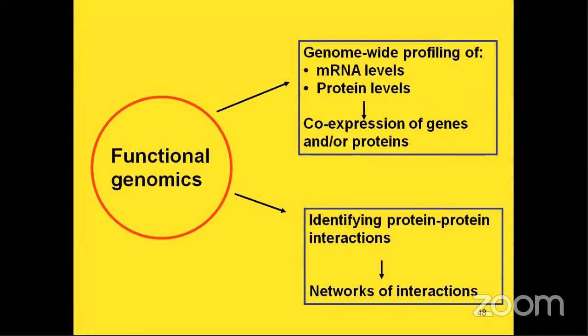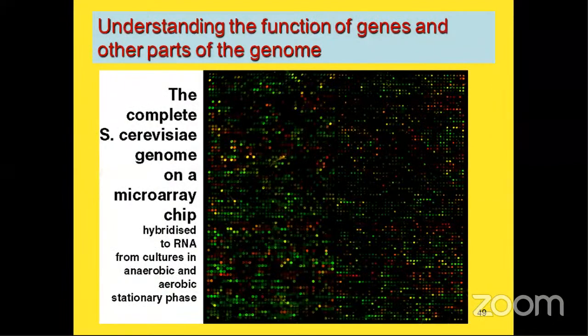Also, we need to identify the protein-protein interaction for network analysis. So this is the function of the genes, and this is also called the heat map. This is Saccharomyces cerevisiae. This is a microarray chip. These bright regions would represent the co-expression or protein-protein interaction.